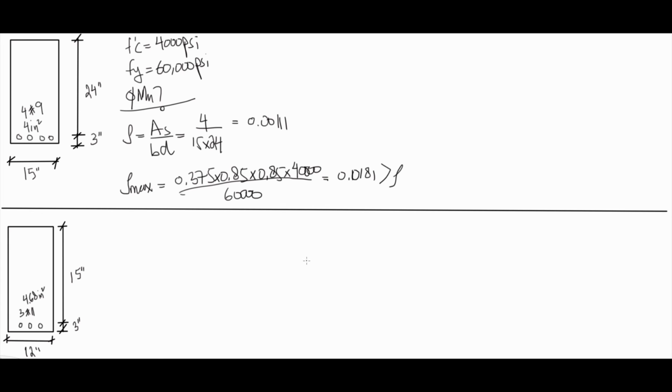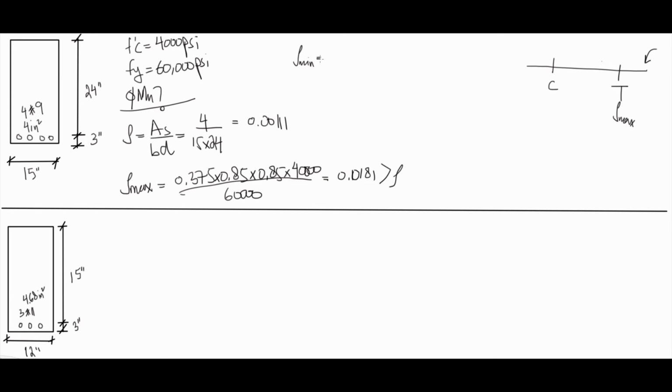Right? To check, so that's the line here. That's the compression zone, that's the tension zone, and this is the transition, right? Here is the rho max. If I already got my value somewhere here, which is less than the rho max, so I'm away from the compression, but I don't want it to be way less than rho max, so it is less than the minimum, right? Because it can't be less than the minimum, otherwise we will have sudden failure, as I said. So let's compute rho minimum.